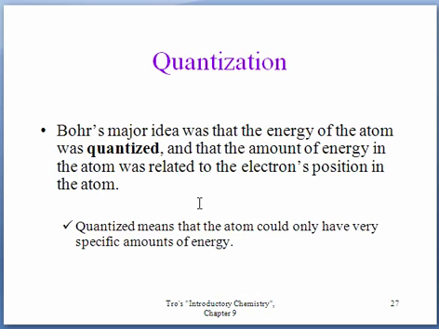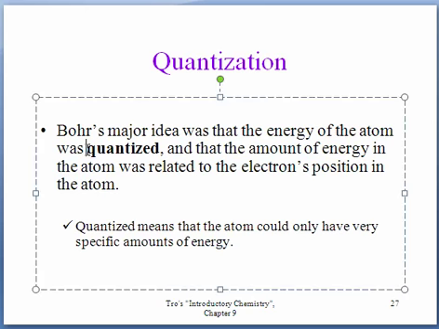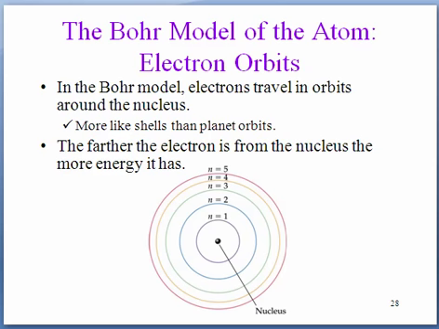Bohr's major idea was that the energy of the atom was what he called quantized, and this comes from Latin for quanta, which means packet, and that the amount of energy that an atom released or absorbed was related to the electron's position in the atom. And again, this term quantization means that the atom could have only very specific amounts of energy. The energy it could have was not continuous, but very specific.